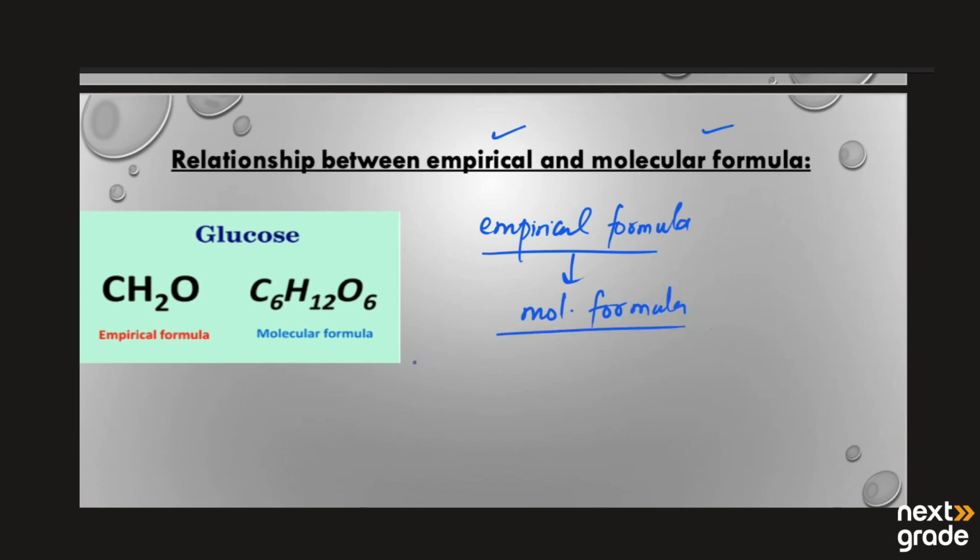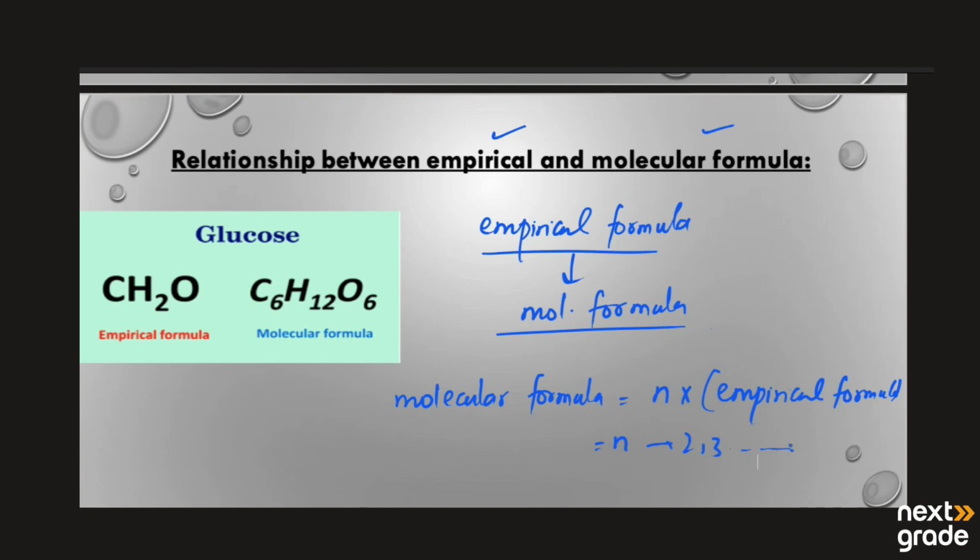The formula that we use is: molecular formula is equal to N multiplied by the empirical formula, where the number N may be 2, 3 and so on.